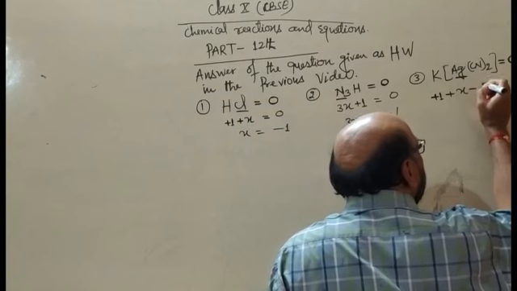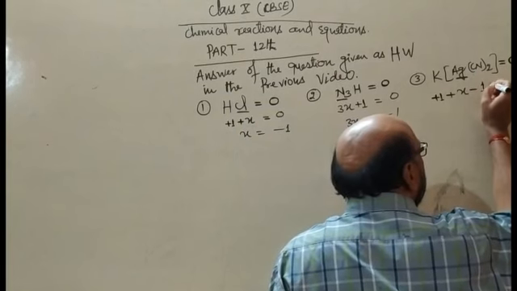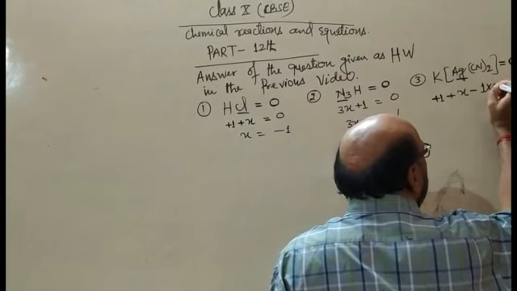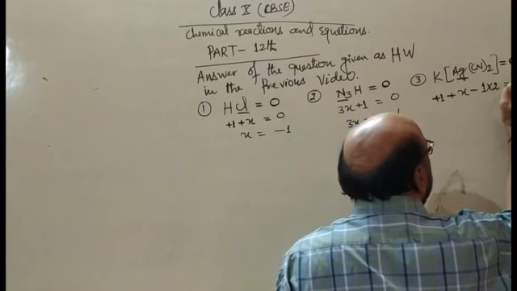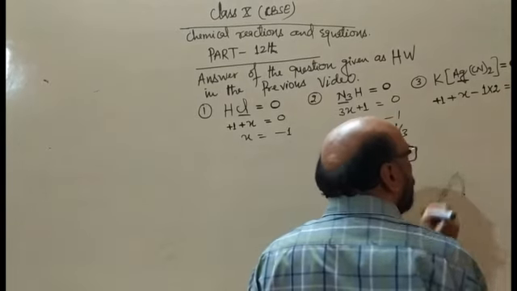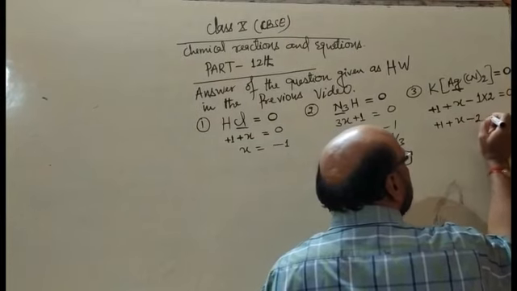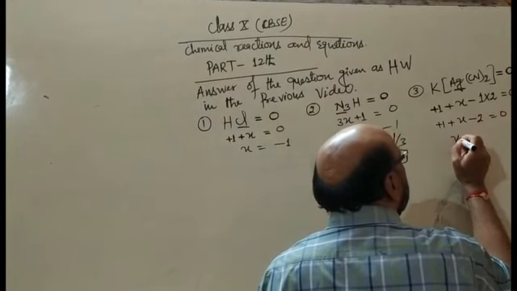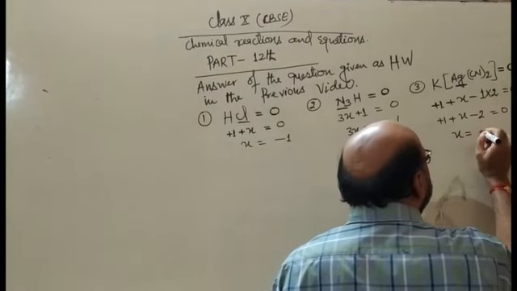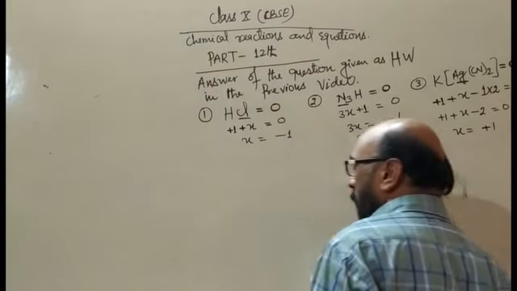So cyanide has charge -1, and here there are 2 ions, therefore we shall multiply it with 2. So +1 plus x -2 is equal to 0, therefore x is equal to +1.